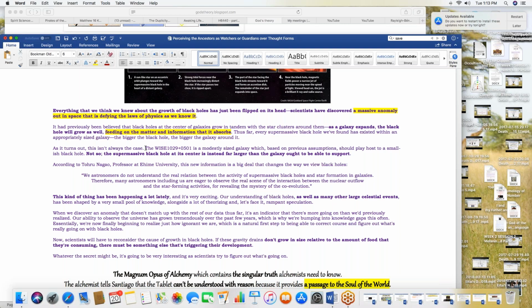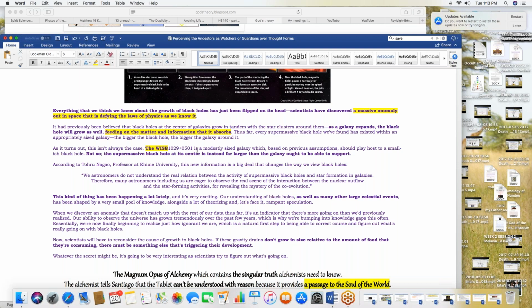Now, this black hole is called the wise. This is another type of wisdom. It is a modestly sized galaxy, which based on previous assumption should play host to a smallish black hole.